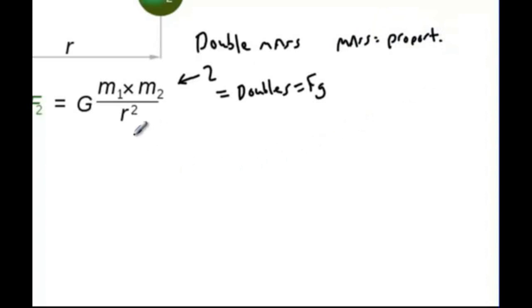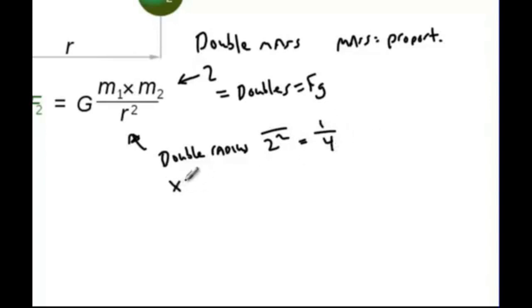Whereas the radius down here, the radius is being squared. So if you double the radius, that number, that 2, is getting squared. So on your denominator, you are getting 1/4 of the force of gravity, 1/4. So if you triple the radius, it is being squared.